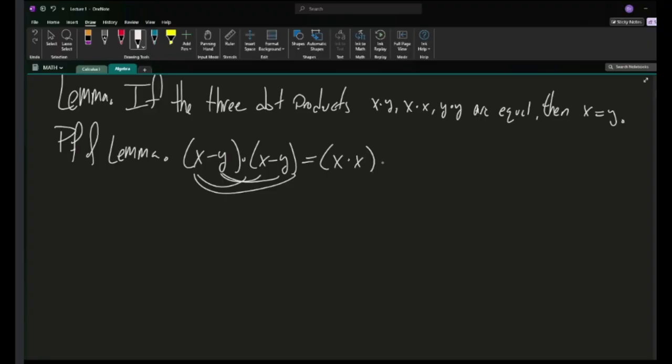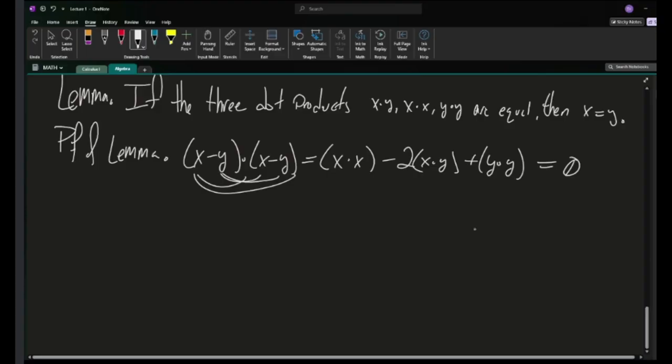We have x dot x, minus 2 x dot y, plus y dot y, equals 0, since these are the same statement.